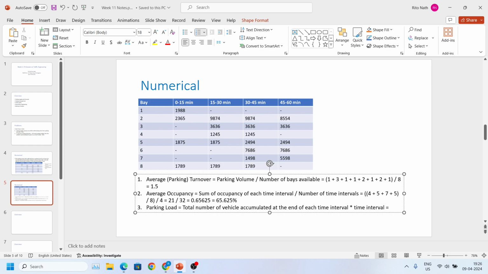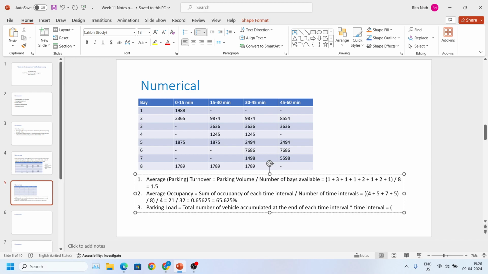Now for the first time interval, 4 vehicles are accumulated. For the next time interval, 5 are accumulated. For the third one, 7 are accumulated, and for the fourth one, you have 5 accumulated. Each of these time intervals is 15 minutes, which you can convert into hours.